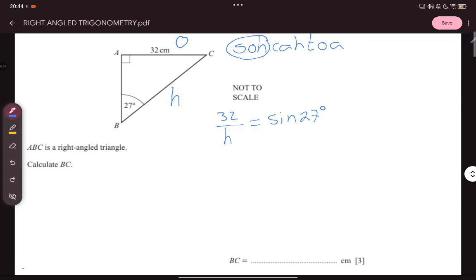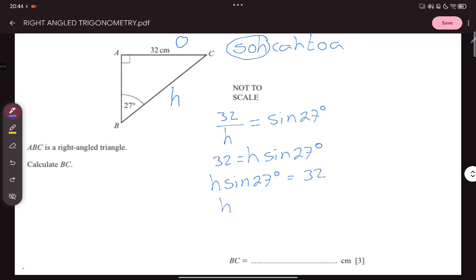And remembering that sine 27 is just some number, some not very nice decimal. Well, I have to make H the subject out of all of this, don't I? So I'm dividing by H on the left-hand side, so I can multiply by H up on the right-hand side. I'll write it all the other way around. H multiplied by sine 27 degrees equals 32.